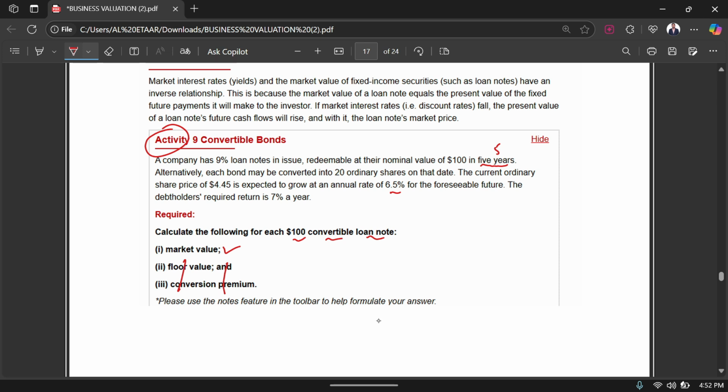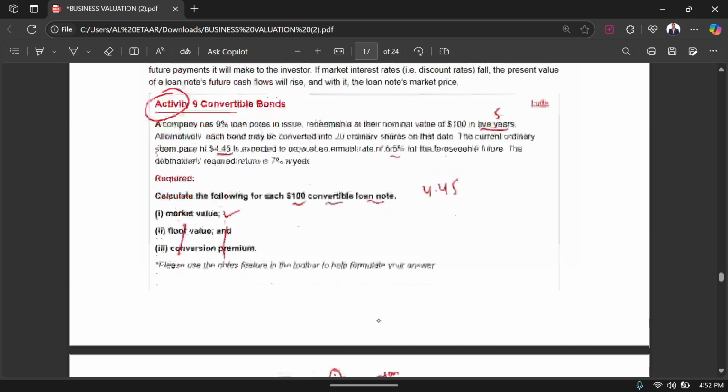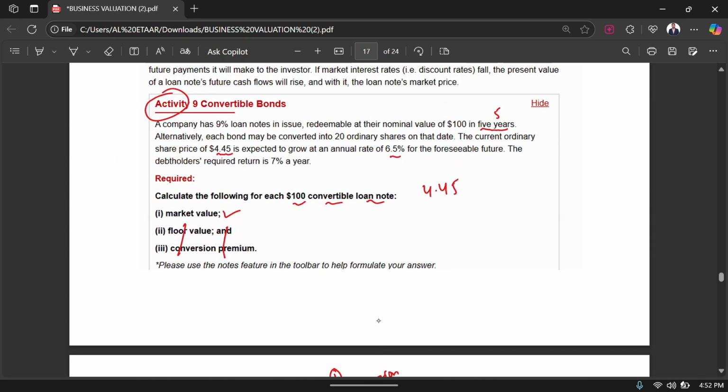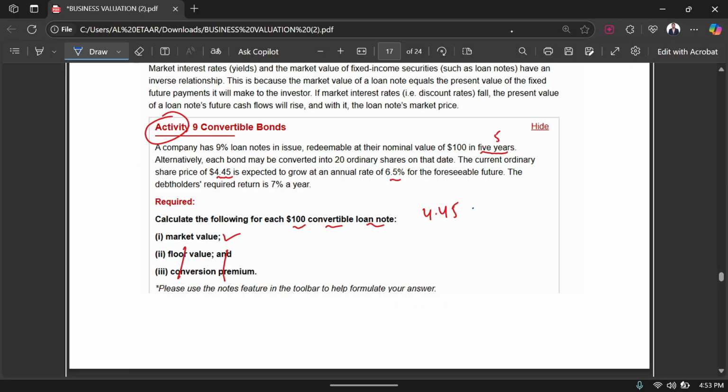For that, I take the share price right now, which is 4.45, and I times it by 1 plus the growth. What's the growth that is expected? There is an expected growth at an annual rate of 6.5%.